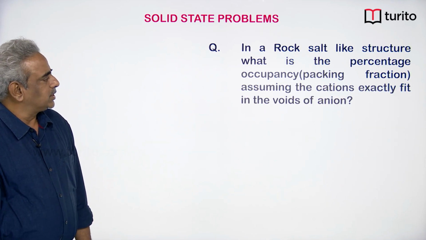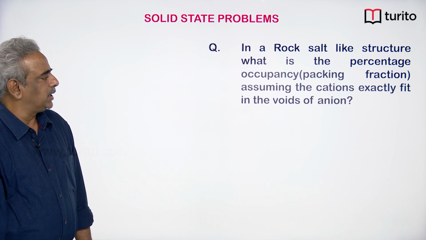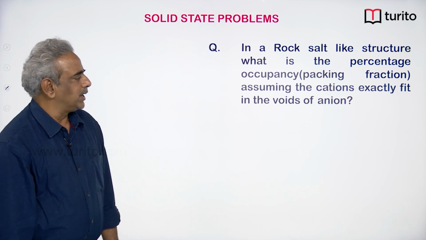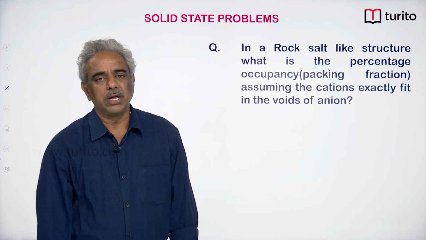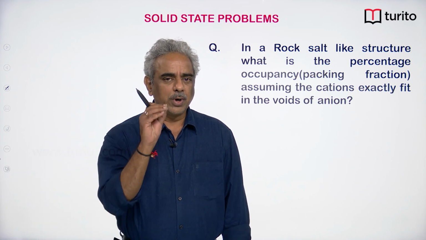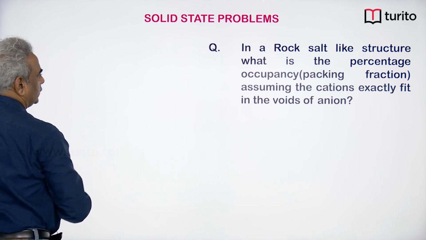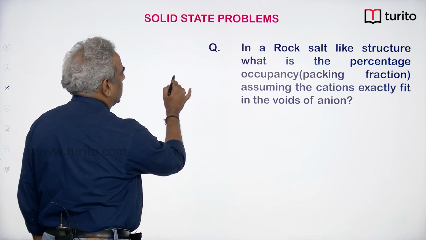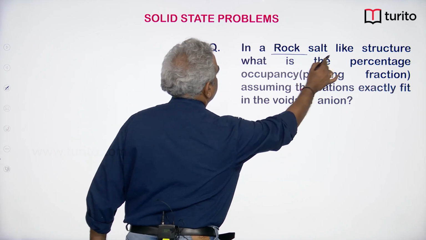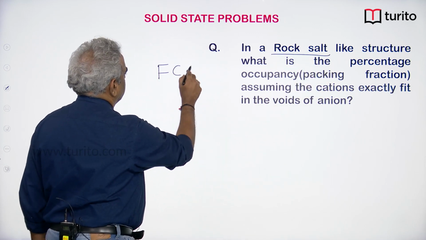In a rock salt like structure, what is the percentage occupancy, assuming the cations exactly fit in the voids of the anions? Very simple logic. See, rock salt means an FCC lattice.